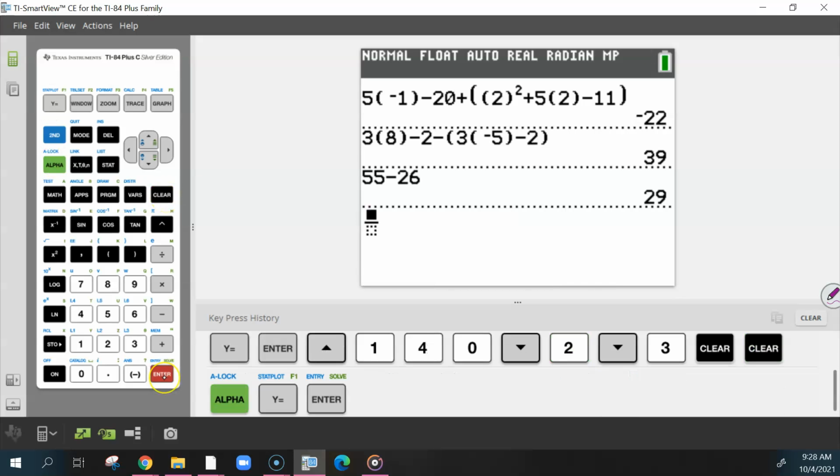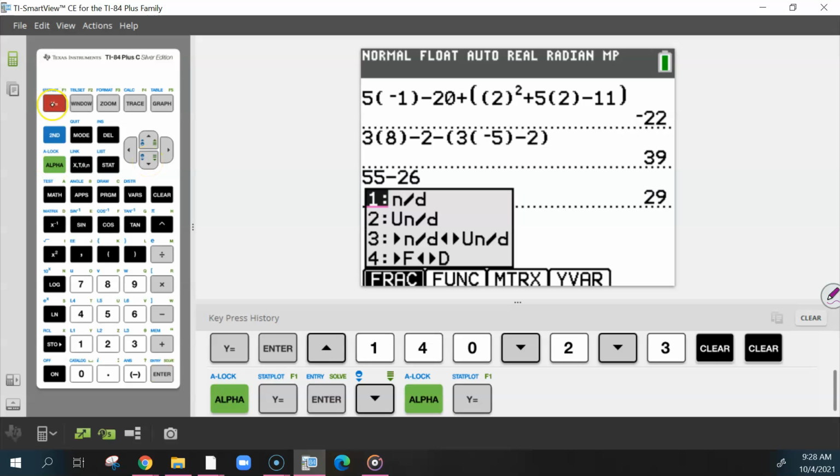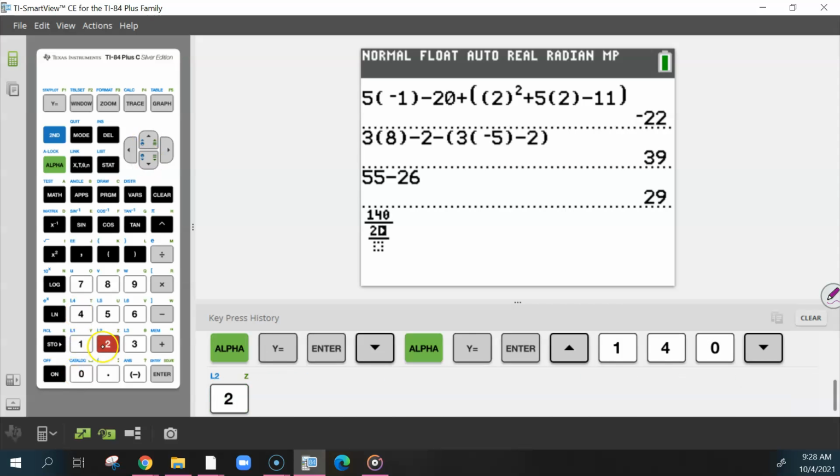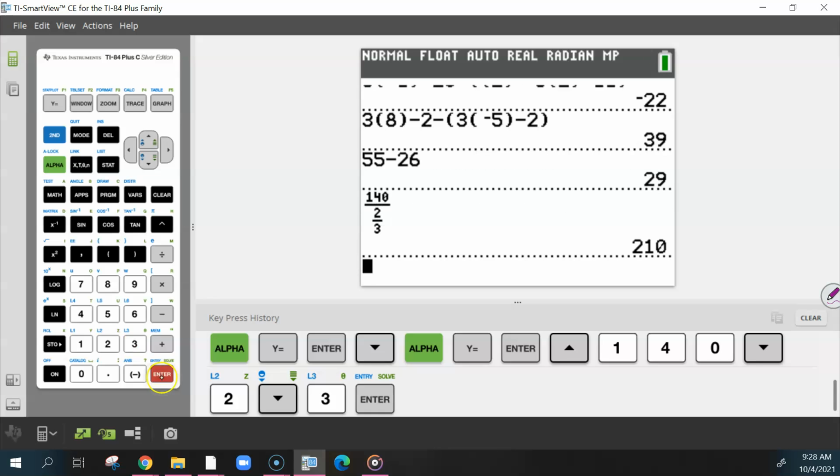Alpha y equals to get your fraction. Go to the denominator at the bottom. Add another fraction. And then put that entire thing in. You should get 210.